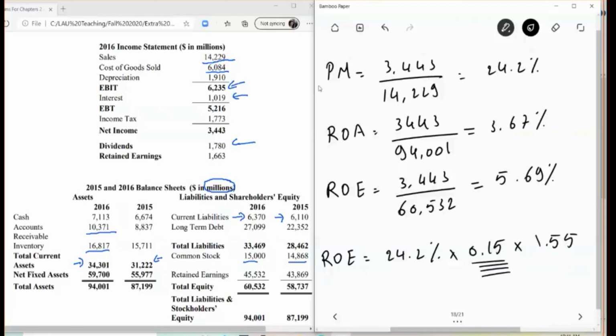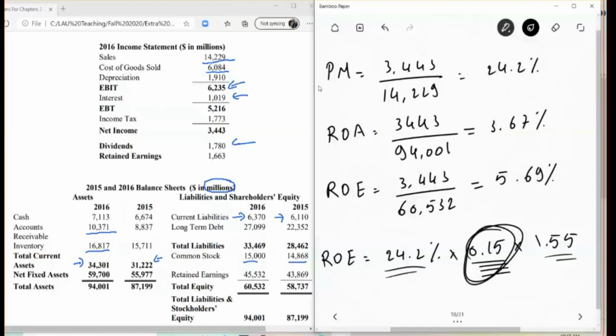As you can see, the profit margin is high, 24%. The equity multiplier of 1.55 is below the average, but that's not the driver behind that low return on equity. The major issue is with the total assets turnover.